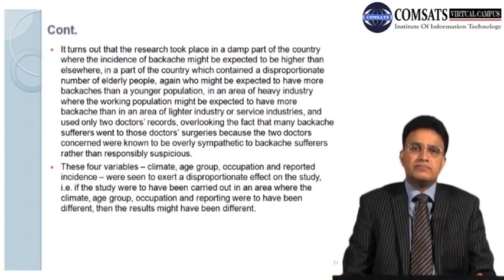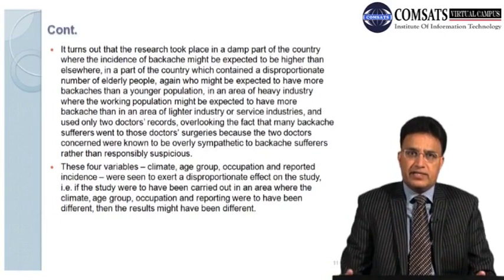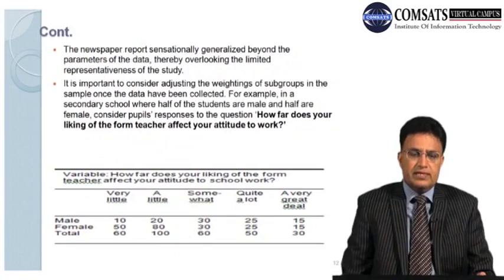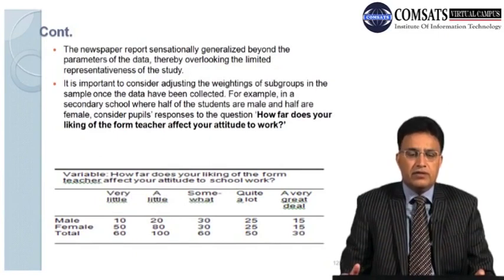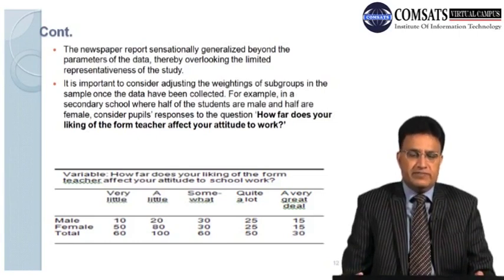That is, if the study were to have been carried out in an area where the climate, age group, occupation, and reporting were different, then the results might have been different. So the newspaper report sensationally generalized beyond the parameters of the data, thereby overlooking the limited representativeness of the study.